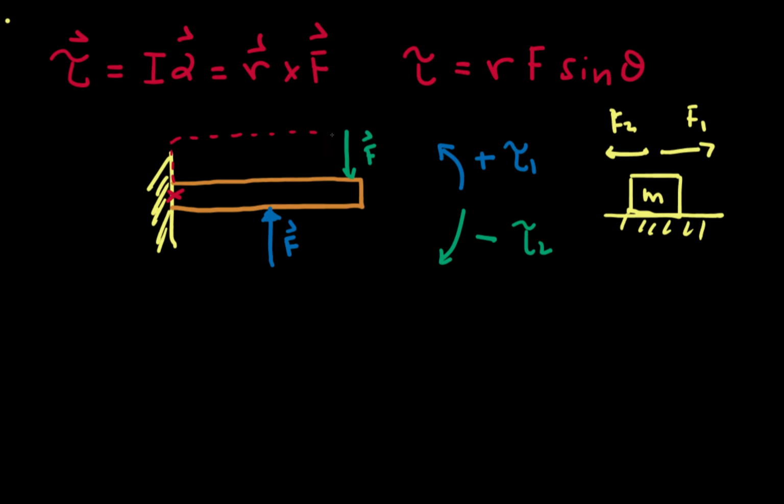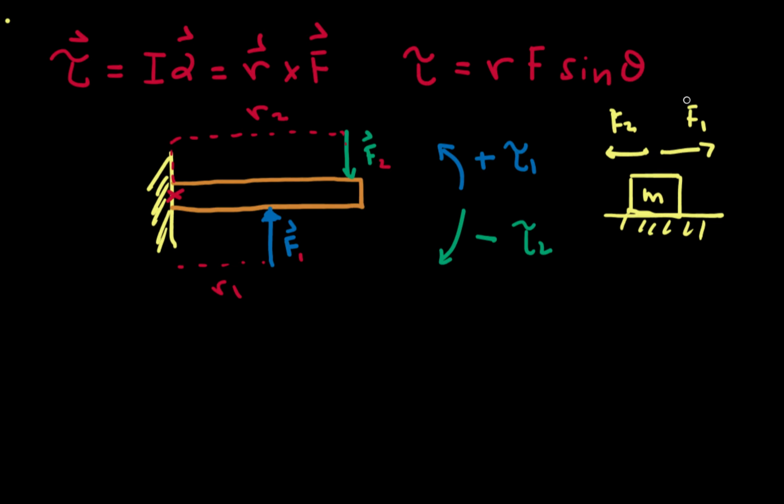And for the distance r, I'm going to put subscripts here. I already picked 1 for blue. I already picked 2 for green. So R2 here, do you see that, is greater than R1. Which means that F1 and F2 are the same, R2 is bigger than R1, which means that torque 2 here is going to be greater.